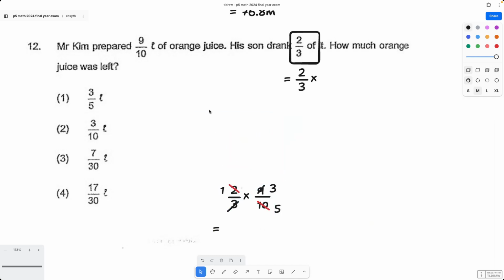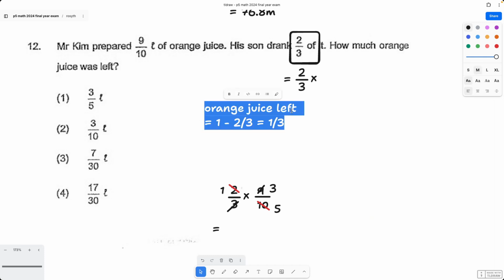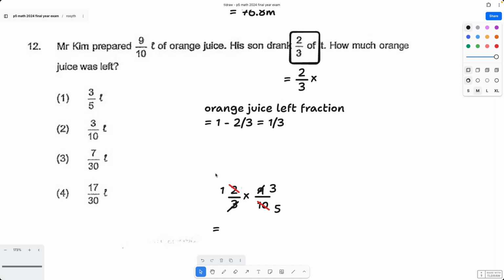Okay, so what we want to do is 1 minus 2 out of 3, which is equal to 1 out of 3. So orange juice left is equal to 1 out of 3. So orange juice left in liters is basically equal to this. Actually we don't need this thing over here, so I'm just going to put it like this.